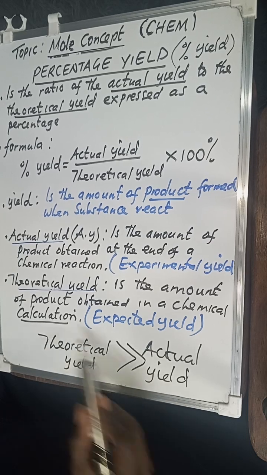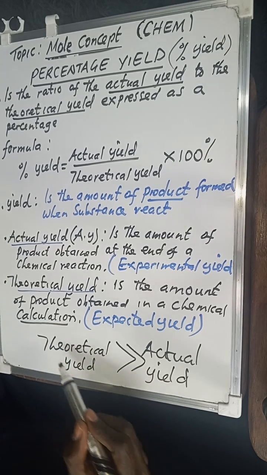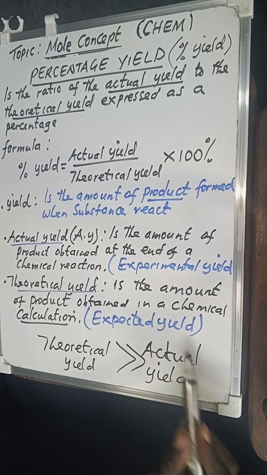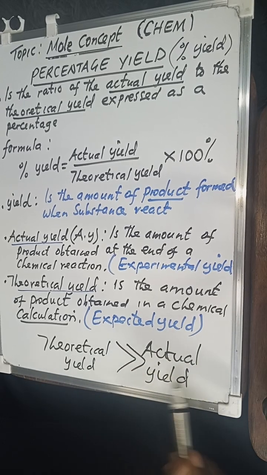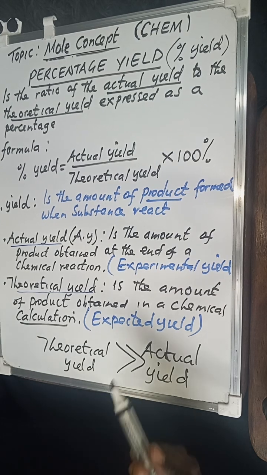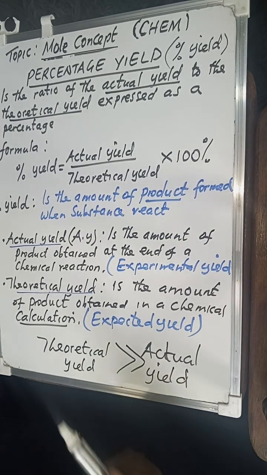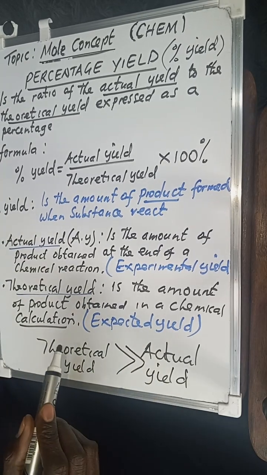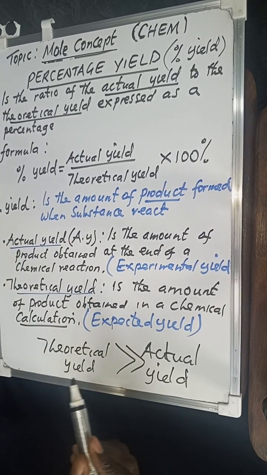The theoretical yield, you are just calculating from a balanced chemical equation, but the actual yield is what you get from an experiment. So when you're carrying out an experiment, sometimes not all reactants are going to react completely, and not all the reactant that you pour in, some of them will remain clinging to the walls of the apparatus you have.